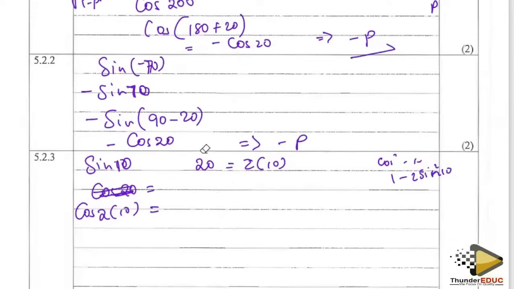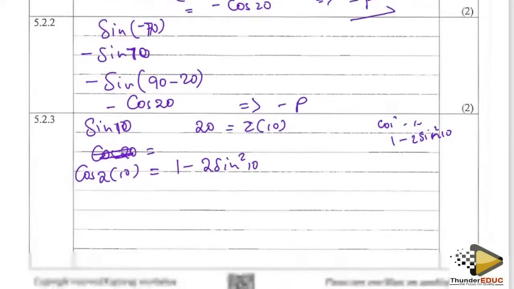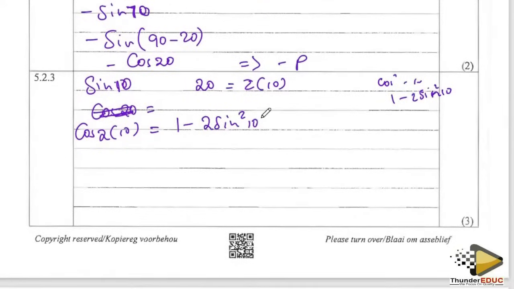Just take this out, this goes. I'm going to say 1 minus 2 sine squared of 10. Okay, so I have my sine 10 represented. I'm still having my cos 20 beside.